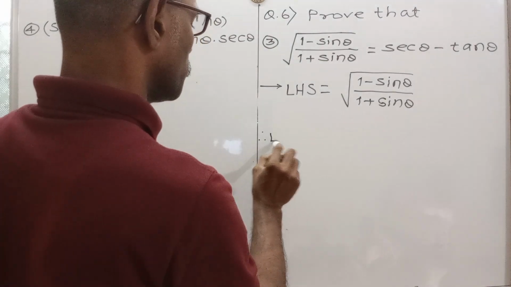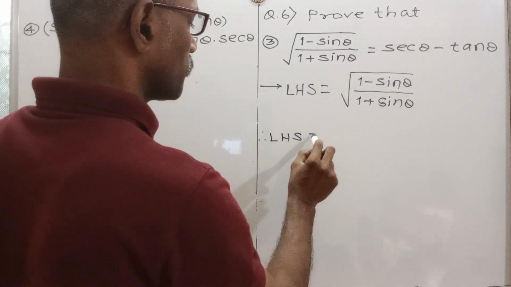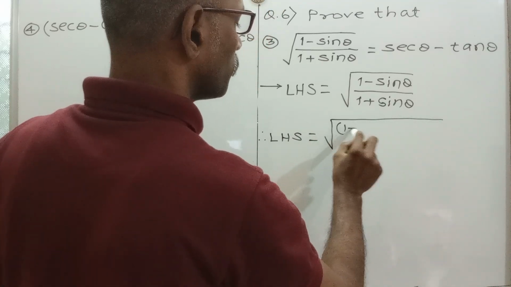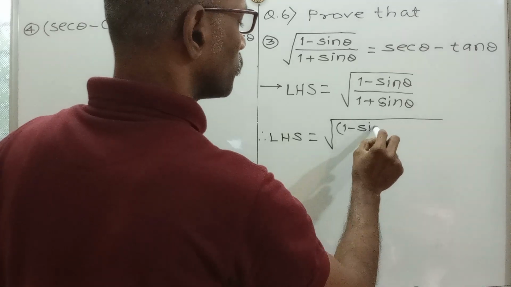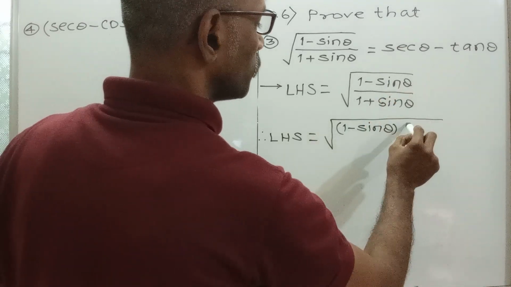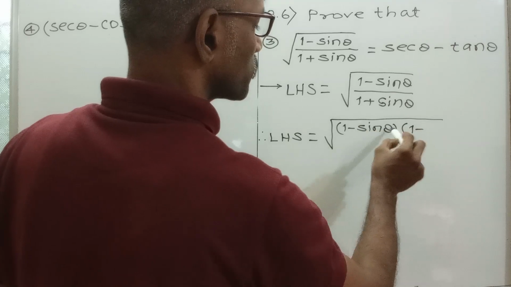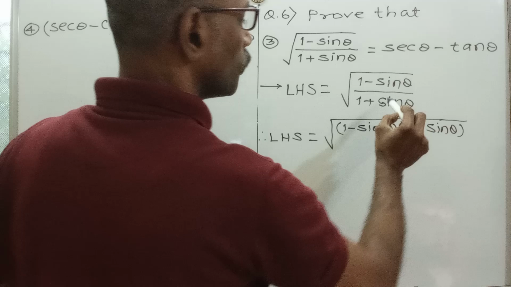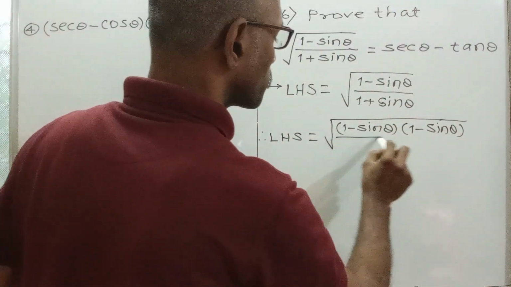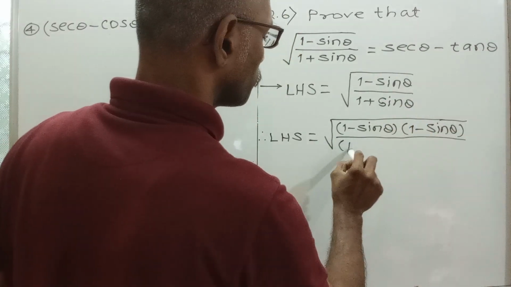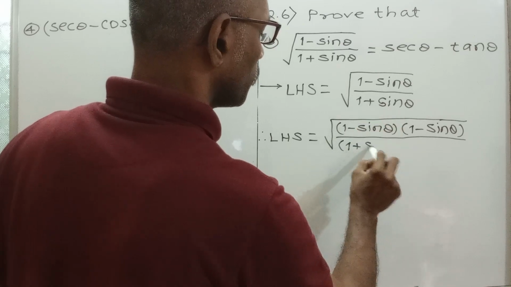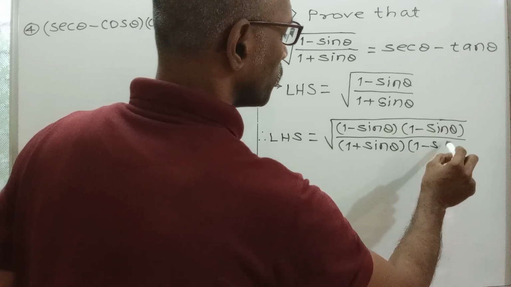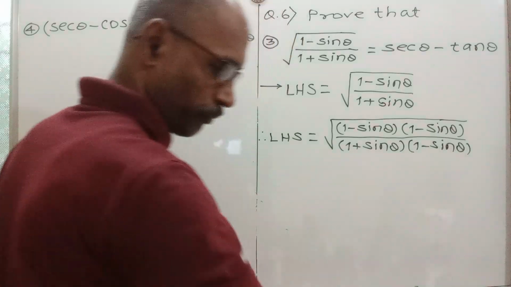Therefore, LHS is equal to square root of the original 1 minus sin theta, and the conjugate pair we write here, 1 minus sin theta into 1 minus sin theta, the conjugate pair of the denominator. In the same way, at the denominator we write 1 plus sin theta into 1 minus sin theta.